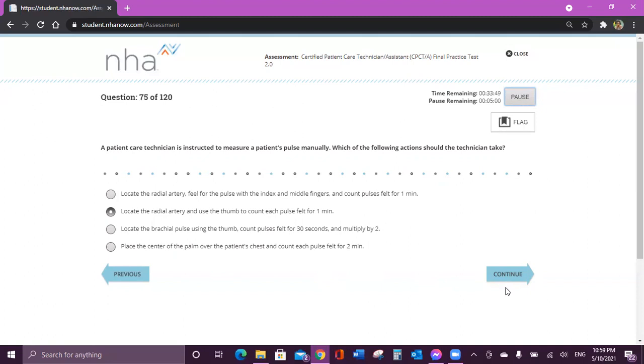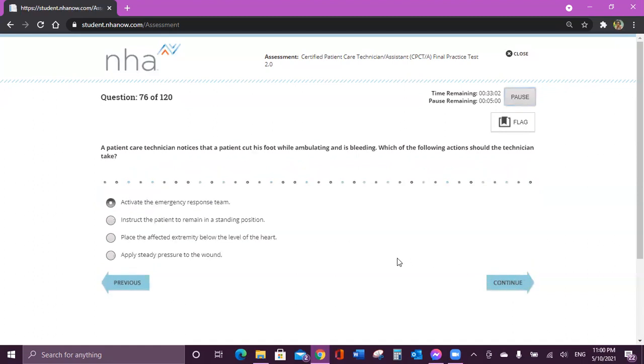Locate the radial pulse with the index and middle finger and count the pulse for 1 minute. Not the thumb, you can't use the thumb. It's 30 seconds or 1 minute. Palpate the radial artery, feeling the pulse with the index and middle finger and count the pulse for 1 minute.